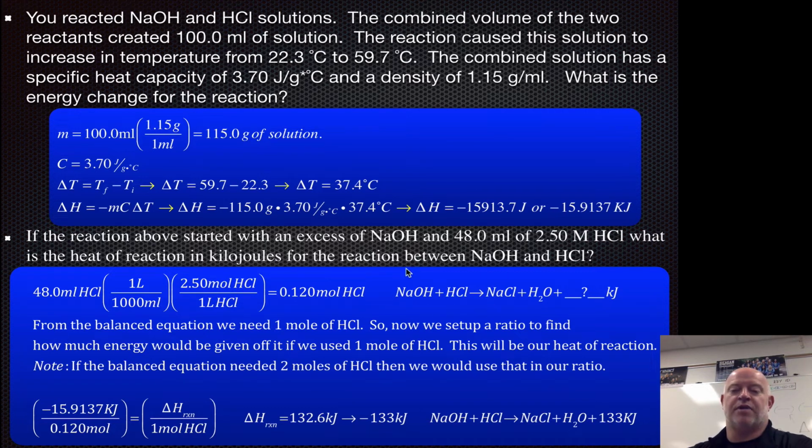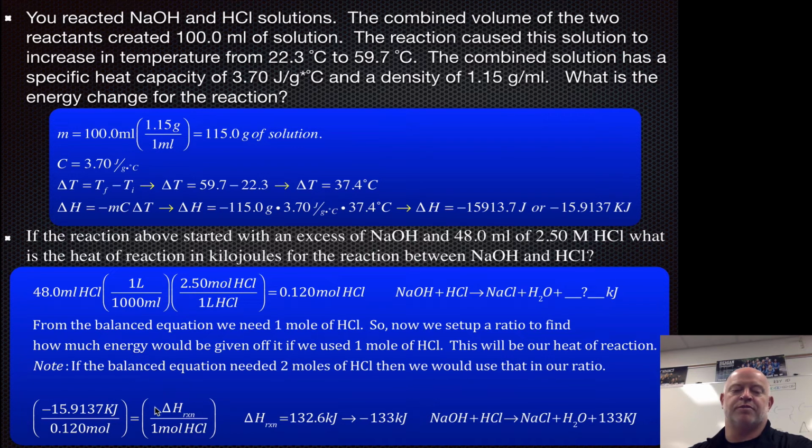Now, in this process, 1 mole of HCl gives us that number because it's a 1 to 1 to 1 to 1 ratio here. In that case, I'm going to use these moles I found here and set them under my kilojoules. This many kilojoules was produced when I used 0.12 moles of acid.